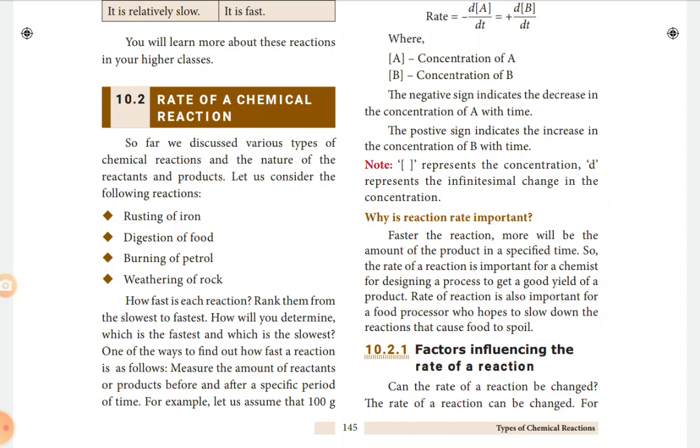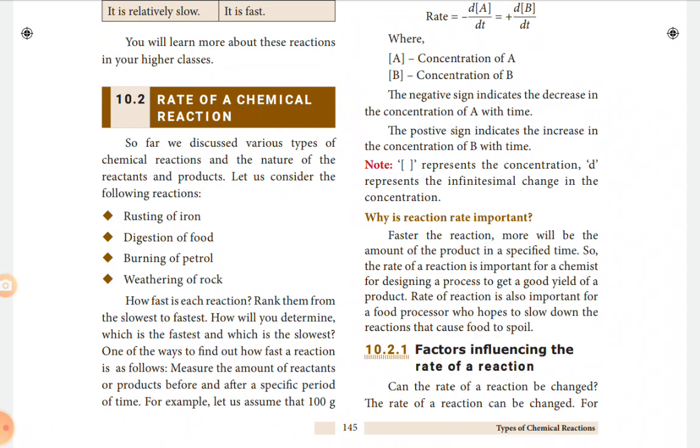Then next topic, factors influencing the rate of the reaction. There are some factors which are going to increase the rate of the reaction. The speed can be enhanced because of some important factors. For example, the rusting of iron will take place faster in the presence of acidic nature. So actually rusting means what? That is the formation of rust on the iron. Hydrated ferric oxide is the rust.